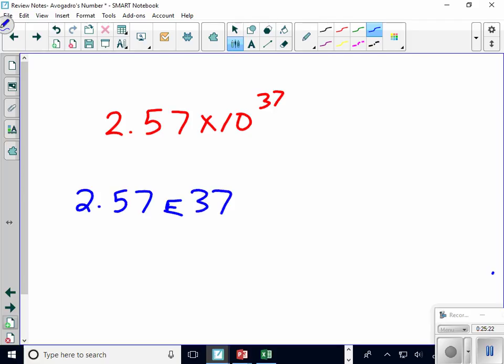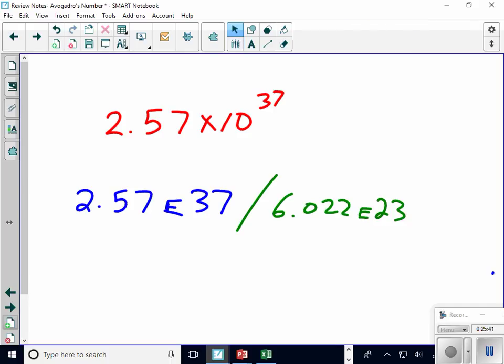So my calculator is now reading that into scientific notation. Then I divide it by Avogadro's number, and I get my correct answer.